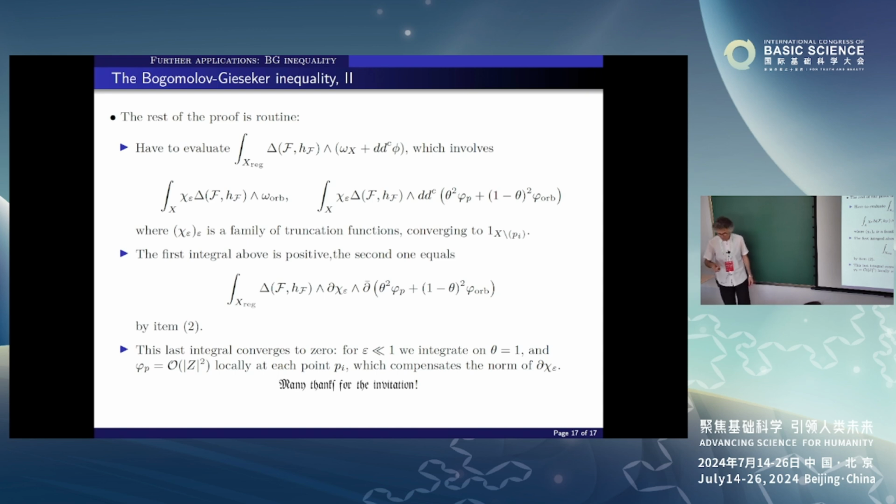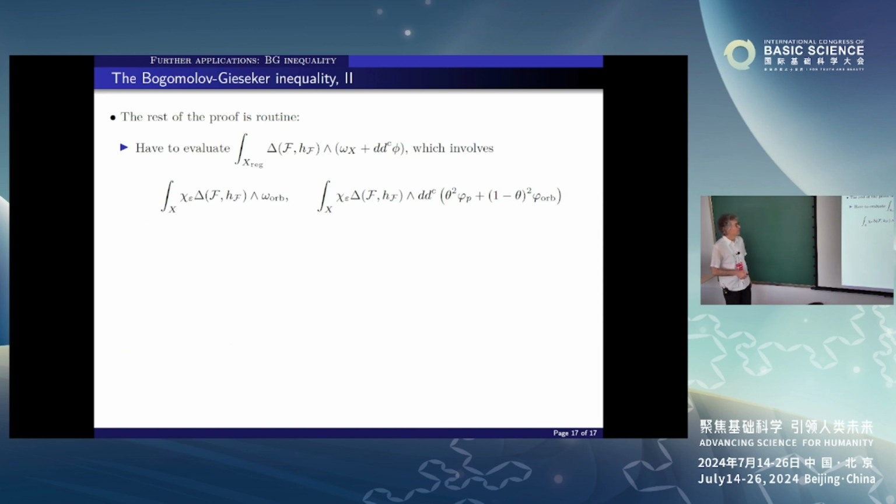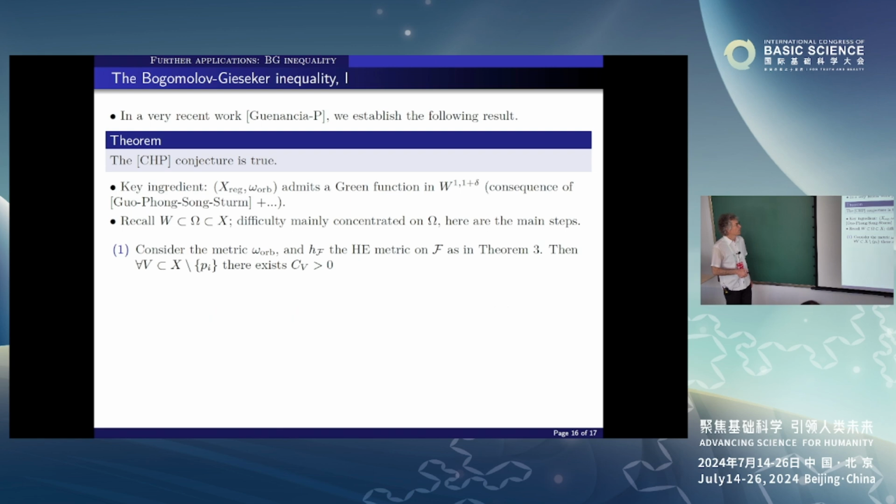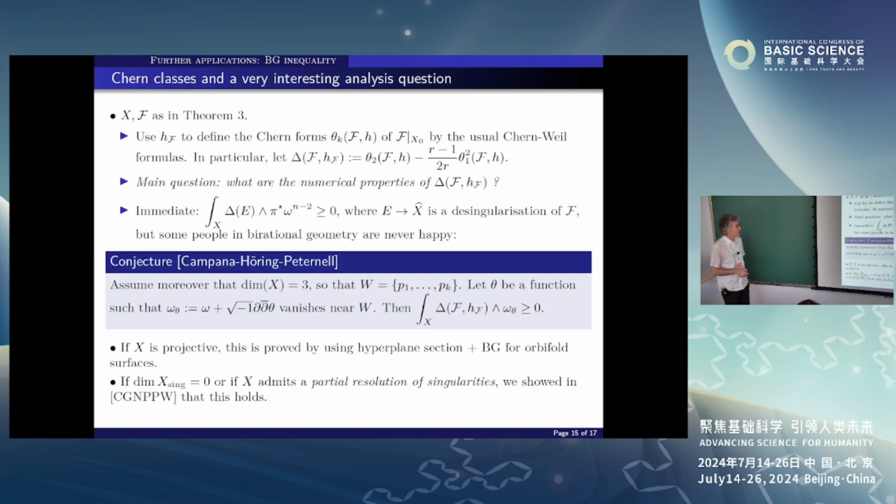Can you explain why this is such a crucial conjecture in this program? Somehow, very vaguely, what is happening is that in dimension 3 there is the so-called abundance conjecture. For the abundance conjecture, this inequality plays a crucial role. We want to prove that C2 of some vector bundle is positive, and the positivity of that is used in this manner.